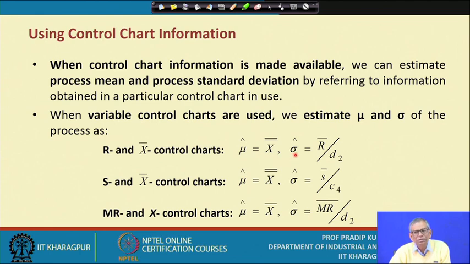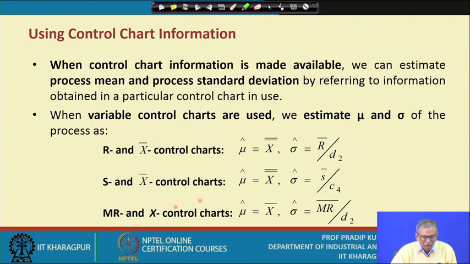Similarly, the estimate of sigma, the process standard deviation, is R bar, which you have already computed while referring to the R control chart, divided by D2. D2 is a control chart related factor, a function of n, and you can read this value from the control chart factor table.